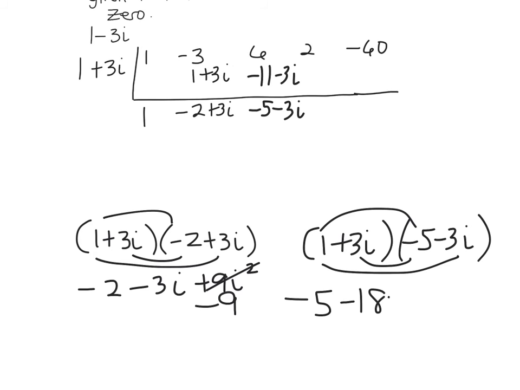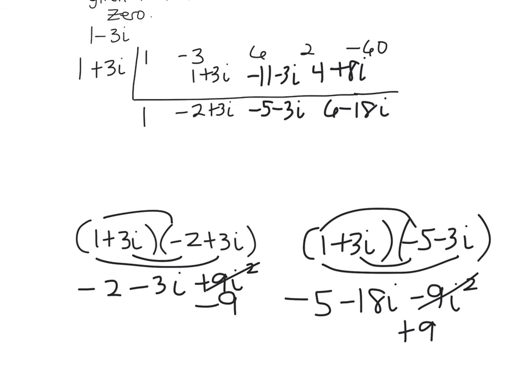That gives me negative 18i, and then minus 9i squared. Now negative 9i squared is positive 9. 9 and negative 5 make 4. So now I have 4 minus 18i. Should have spread it out a little bit. Add it up: 2 plus 4, it's 6 minus 18i, sorry.